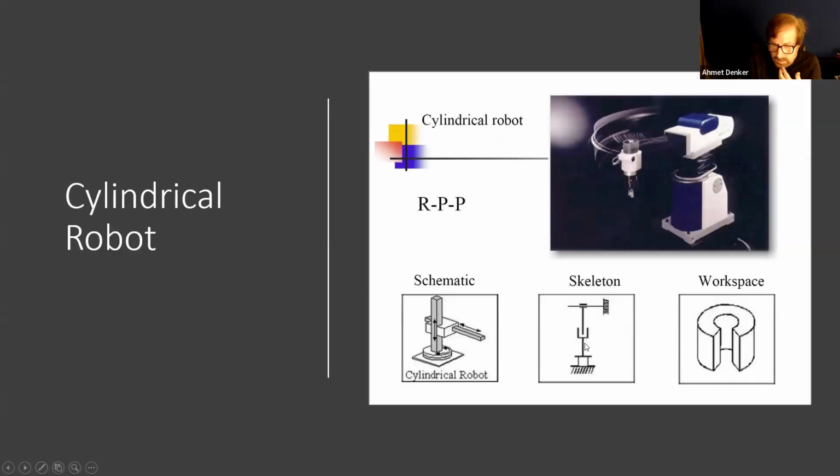So R, rotating about the base, R, which is this, P, which is this, and another P, which is this.